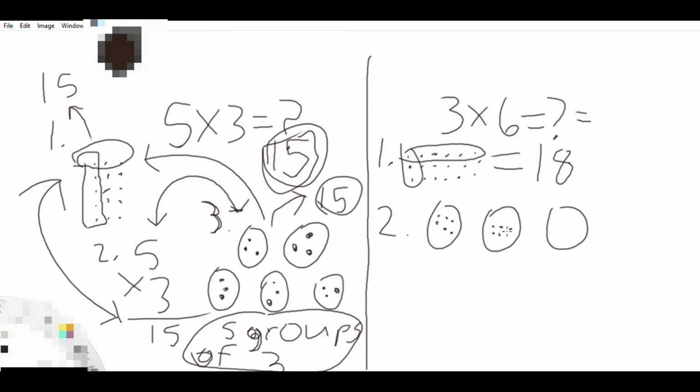Before you learn something more advanced using addition, subtraction, multiplication, and division in the future, multiplication can go to bigger numbers or smaller numbers.